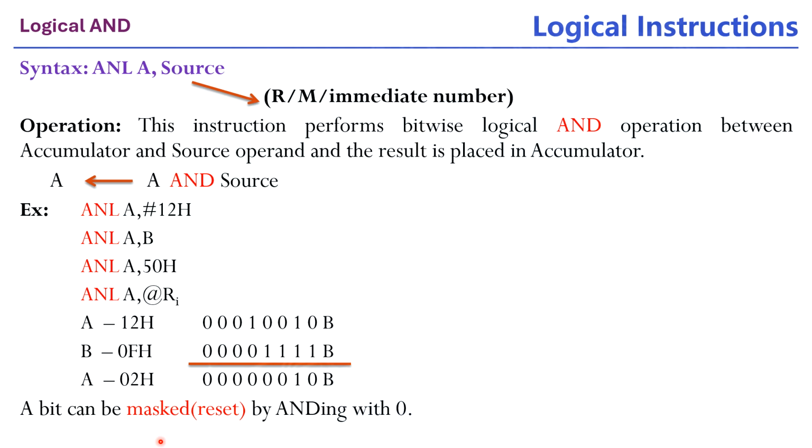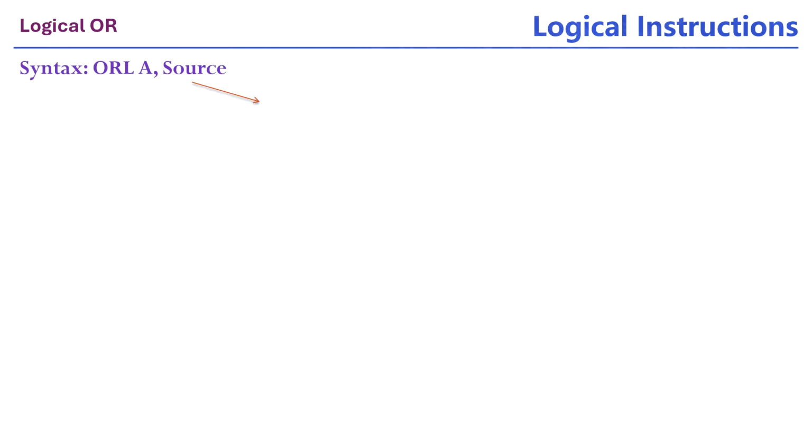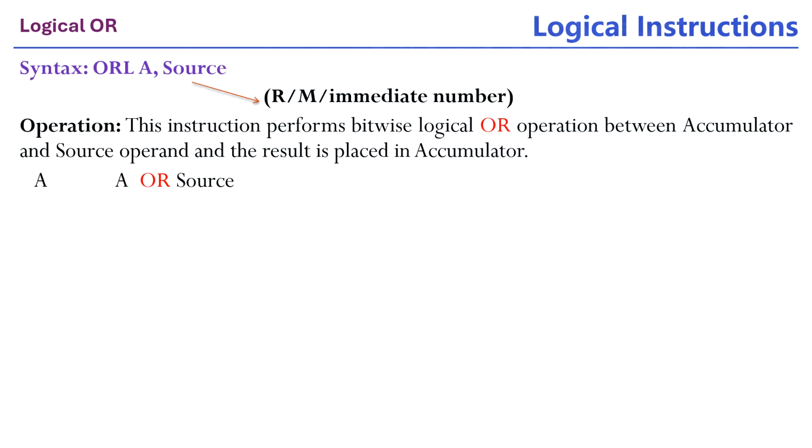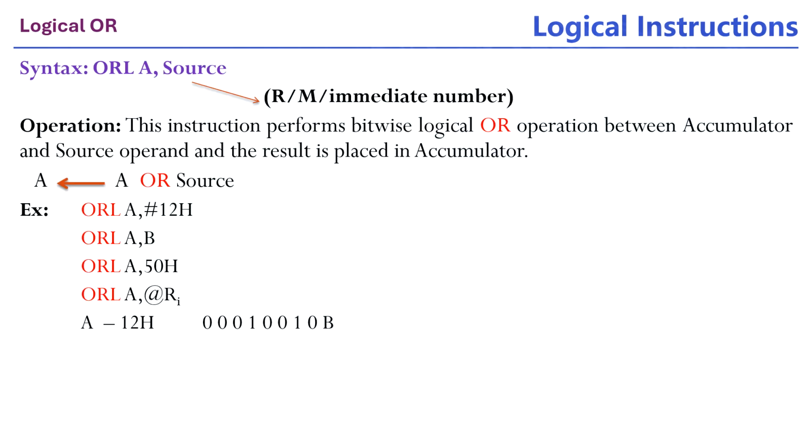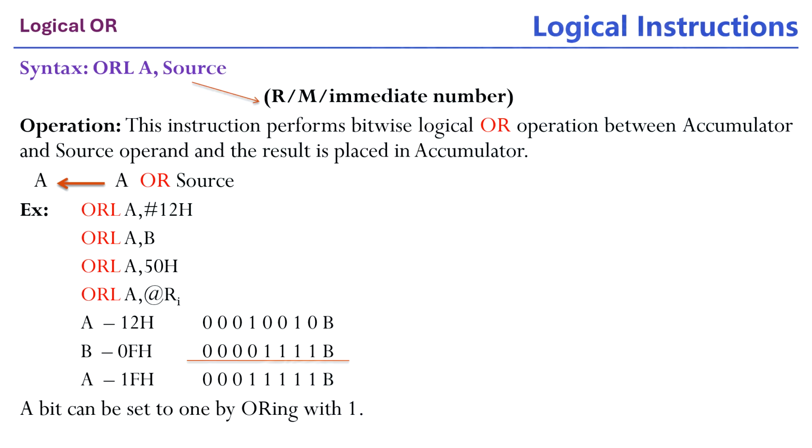A bit can be masked, that is reset, by ANDing with 0. This is the masking purpose, the application of this AND logic. Now we can use the OR logic, and a similar thing applies here.